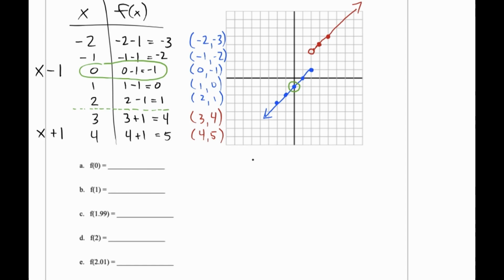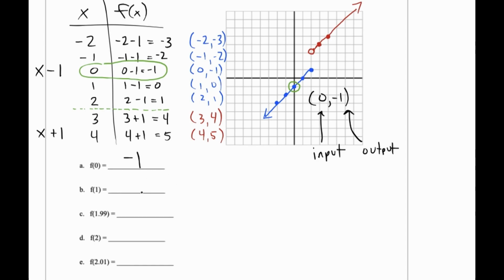Now, since they want f of 0, they want the y value of that point right there. So that point is, of course, 0, -1. The input is 0. And we revealed already that the output would be -1, and so that's what it wants here for the answer to that, -1.